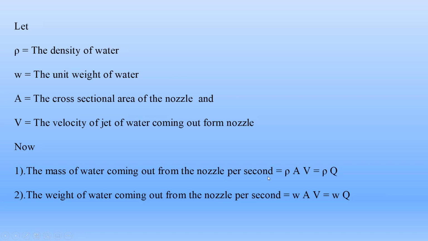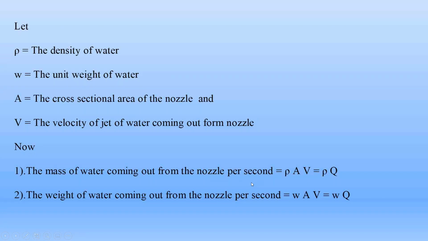Here rho is the density of water, A is the cross-sectional area of the water jet, and V is the velocity of the water jet. So rho A V is the mass of water jet coming out from the nozzle per second.